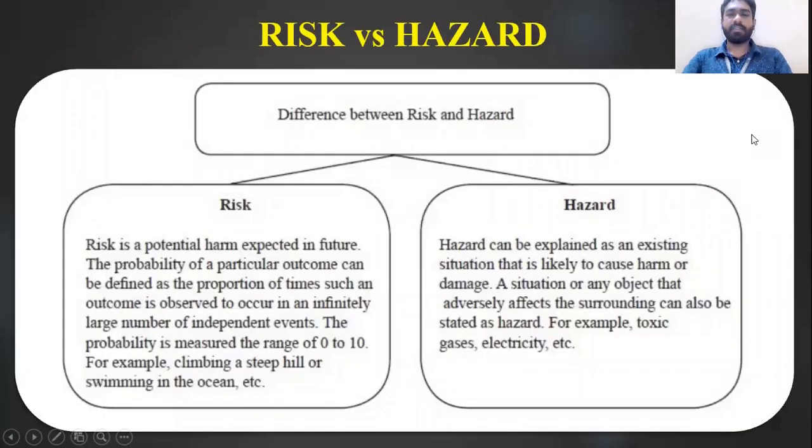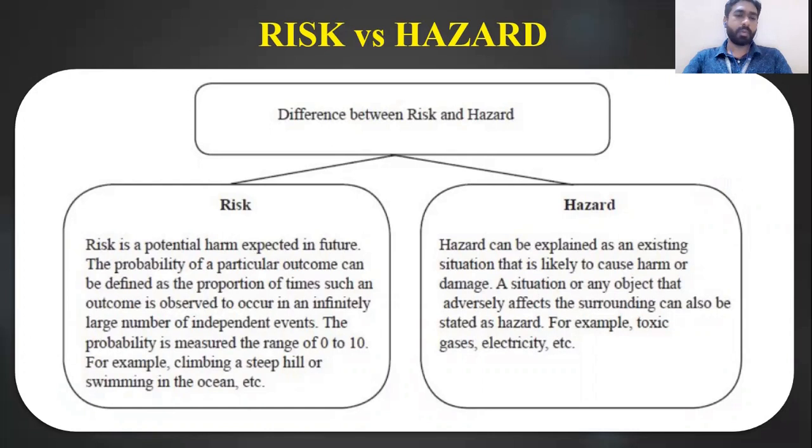So next is the difference between risk and hazard. We have already seen what is risk and what is hazard in the previous slide, but still there are some differences. We can see from this diagram there are three boxes. One box shows the risk and one box shows the hazard. First, risk. Risk is a potential harm expected in the future.